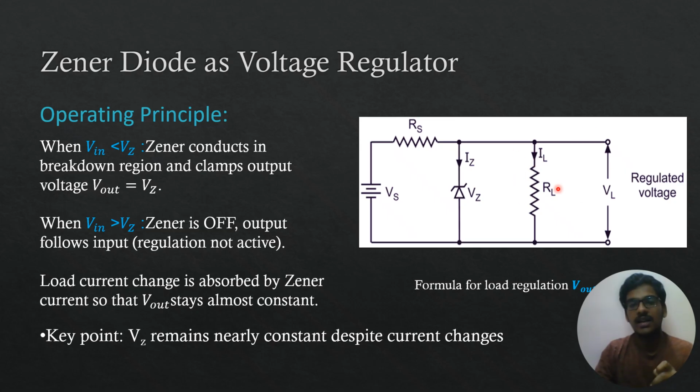The key formula governing the circuit is Vout equals Vz, meaning the output voltage across the load is always steady at the Zener voltage. For proper regulation, the input voltage must exceed the sum of the Zener voltage plus the voltage drop across the series resistor based on the Zener current.